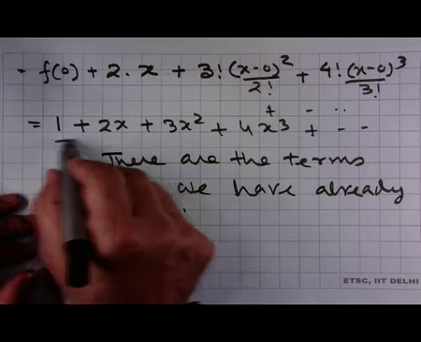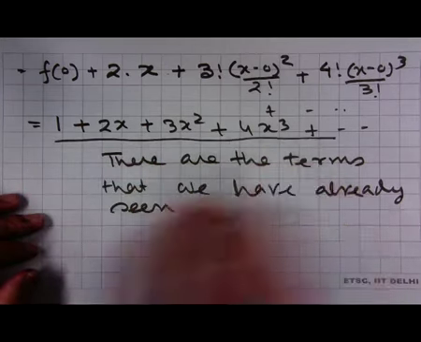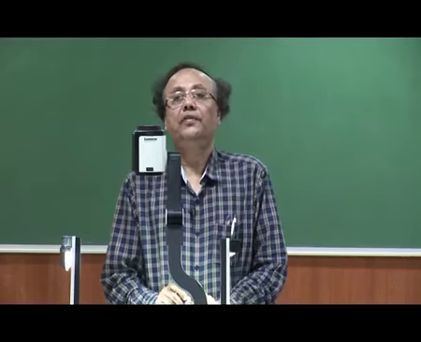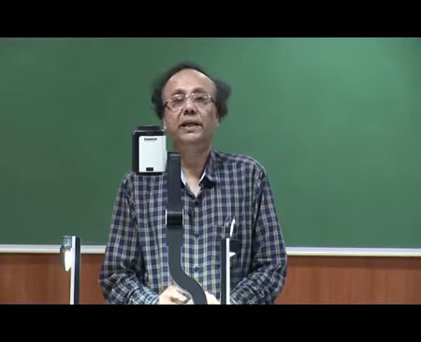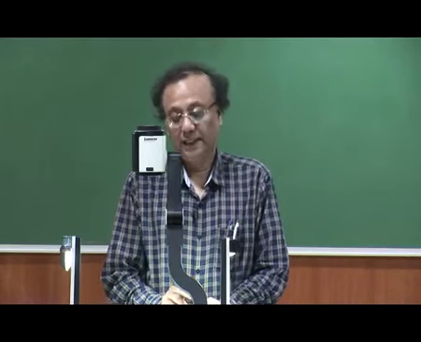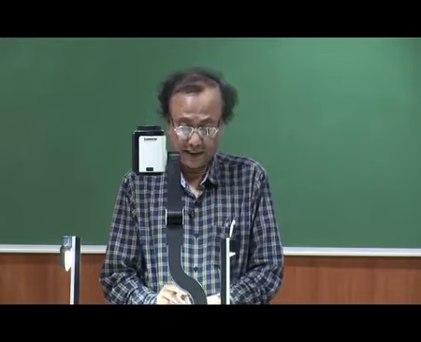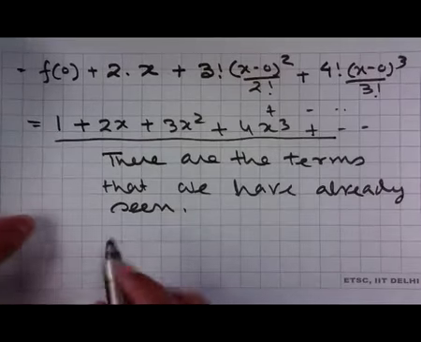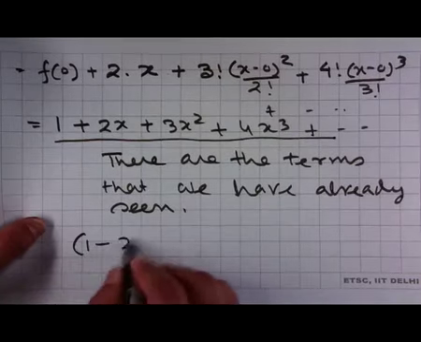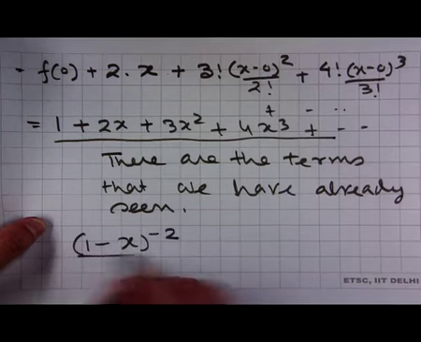We have already seen that (1 minus x) whole to the power minus 2 is equal to 1 plus 2x plus 3x square plus 4x cube, like that. So, Taylor series expansion works for (1 minus x) whole to the power minus 2.